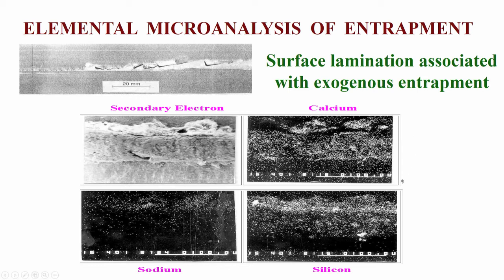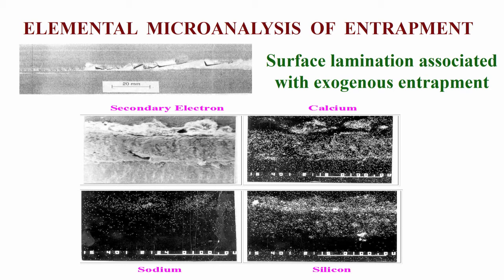Similarly, the lower one is a silicon X-ray image, we know which area is rich in silicon. Similarly, the bottom left is a sodium X-ray image, so we know which areas of the image are rich in sodium. So, this is also another very convenient way of knowing what constituents are present.